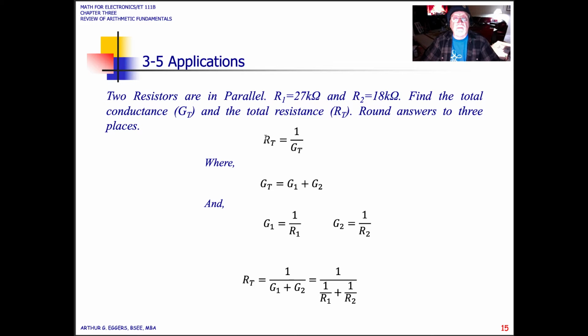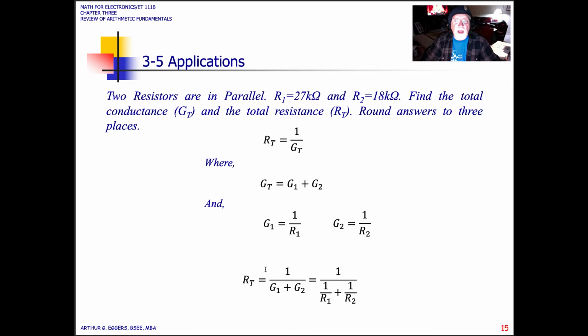So the mathematical relationship for conductance and resistance is the reciprocal relationship. RT, or R total, is equal to 1 over conductance total. And the total conductance will be the sum of the conductance of those two resistors, so G1 and G2, which is 1 over R1 and 1 over R2.